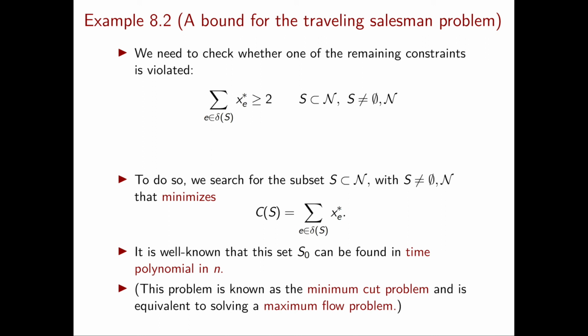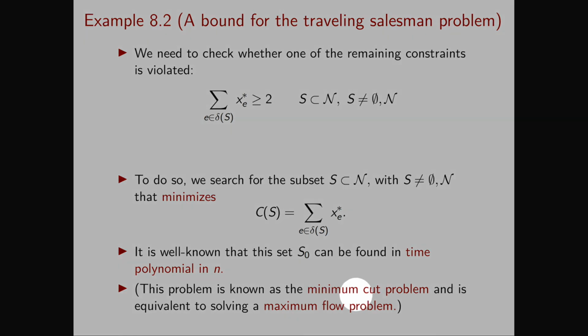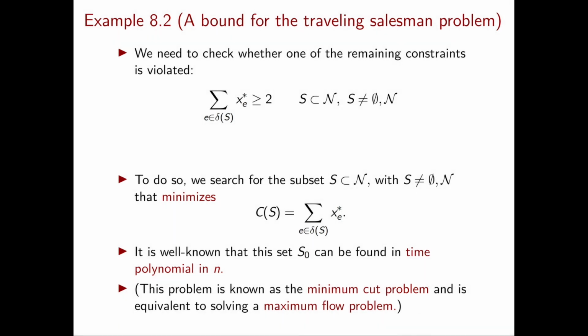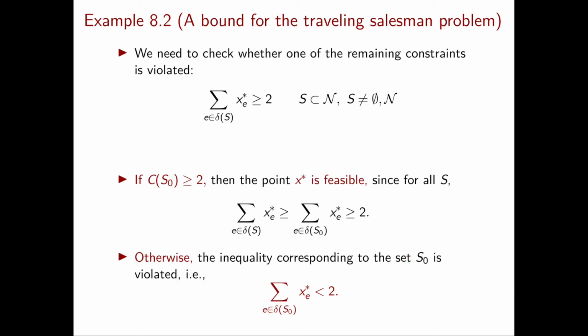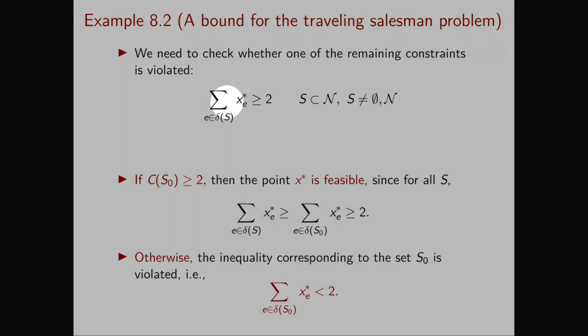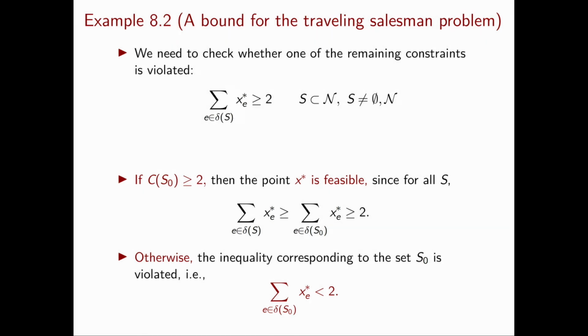In this course, we have never discussed this problem. However, this problem is known as the minimum cut problem, and it can be shown that it is equivalent to solving a maximum flow problem.